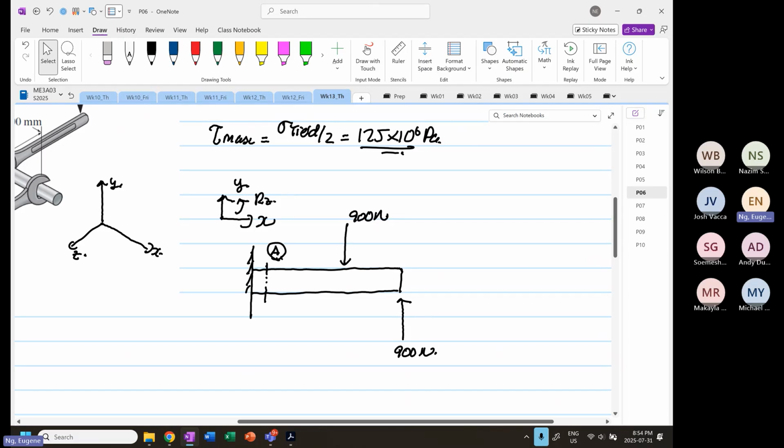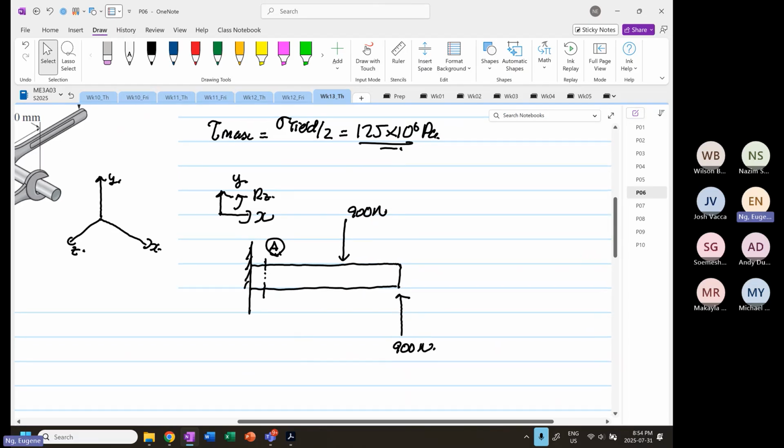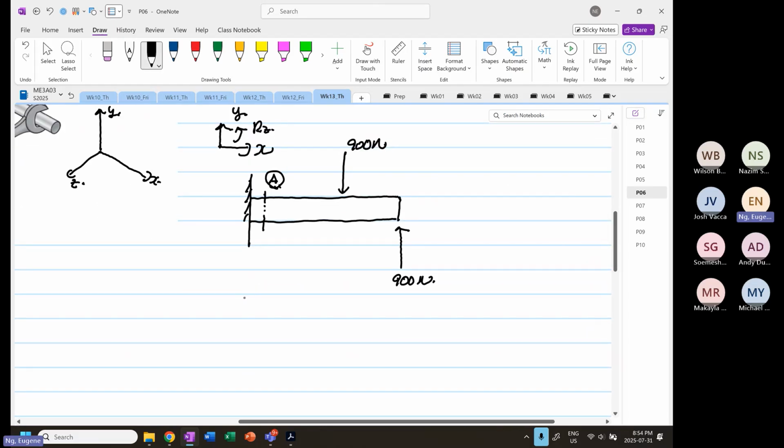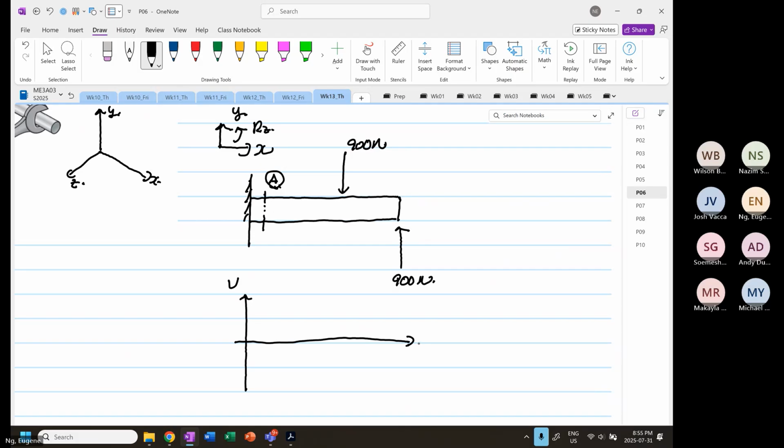So if we were to sketch the shear flow diagram, this is our x, and the shear flow diagram will look like this. And this is your 900. At point A, we realize that the shear flow will be equal to 0.